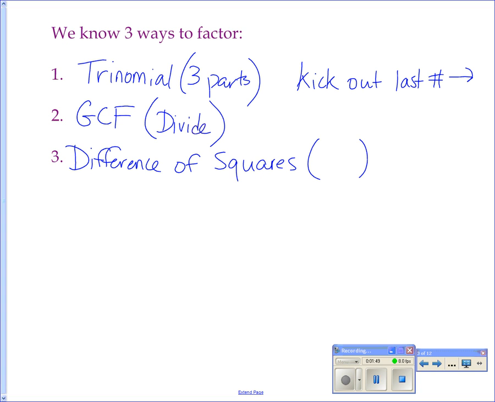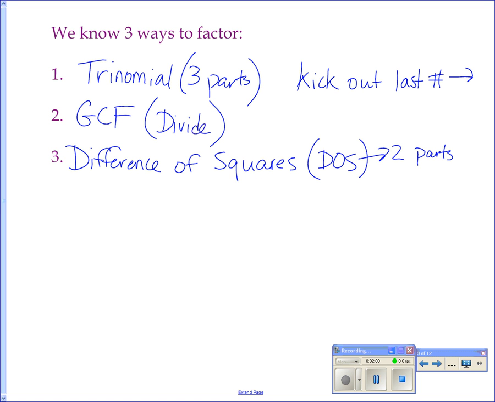The initials to this are DOS. What does dos mean in Spanish? 2. So difference of squares will always have 2 parts. The way I remember that is dos is 2 in Spanish.